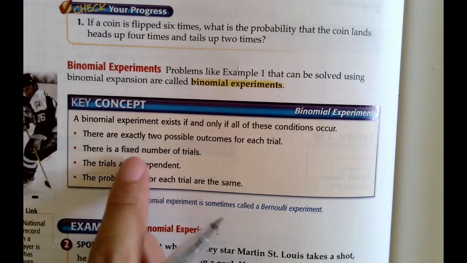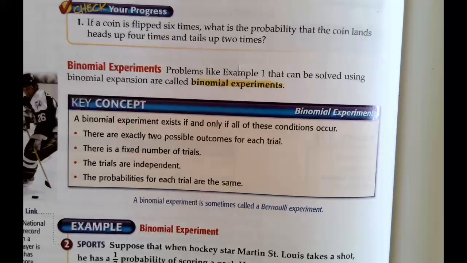Secondly, there's a fixed number of trials, right? With the family example, there's 4 children. And with the flipping of the coin, there were 6 flips. The trials are independent.